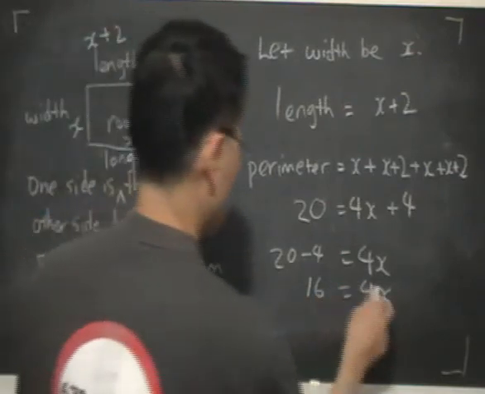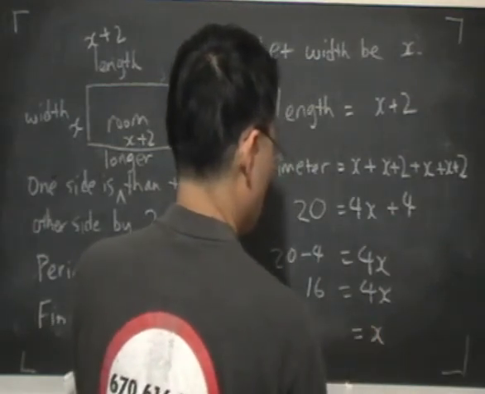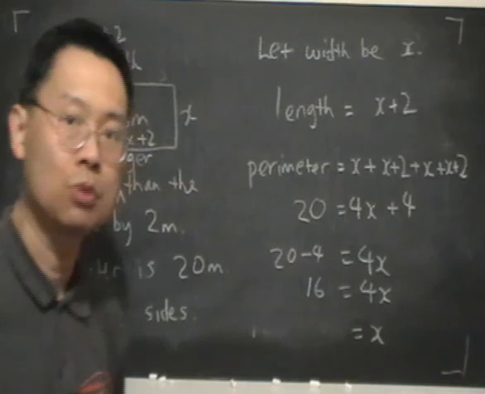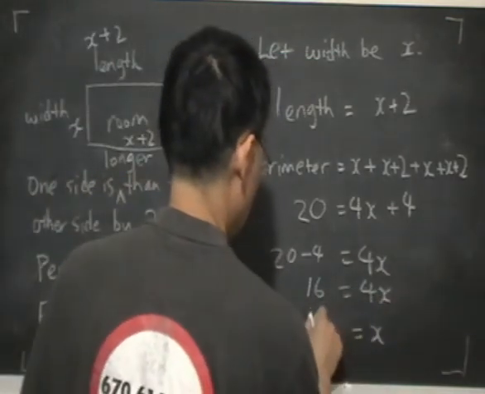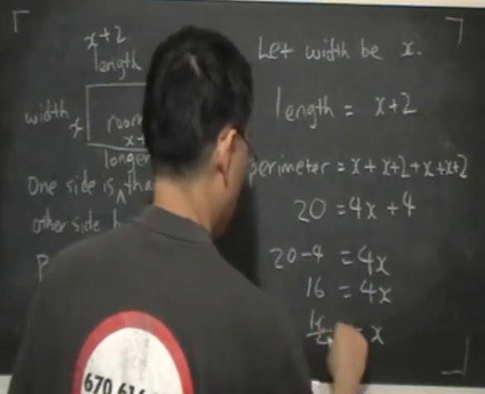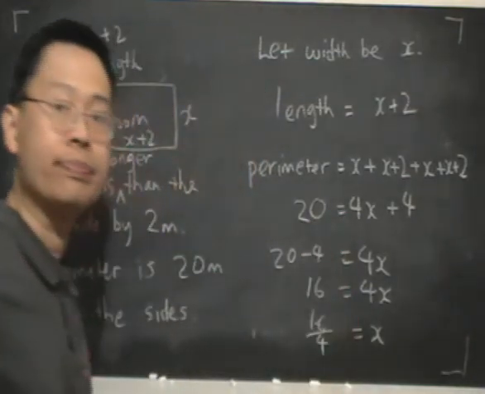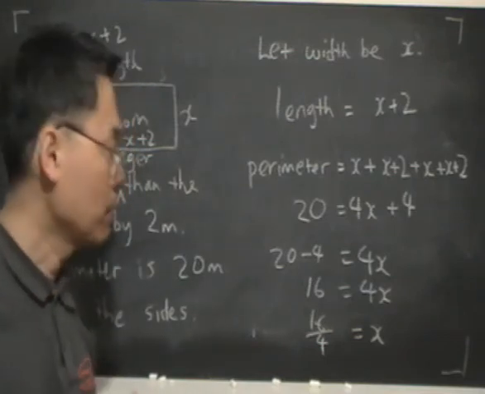If I divide both sides by 4, I will have x. The 4 on the right would be gone if I divide the right side by 4. And on the left side, I have 16 over 4. 16 over 4 is 4.